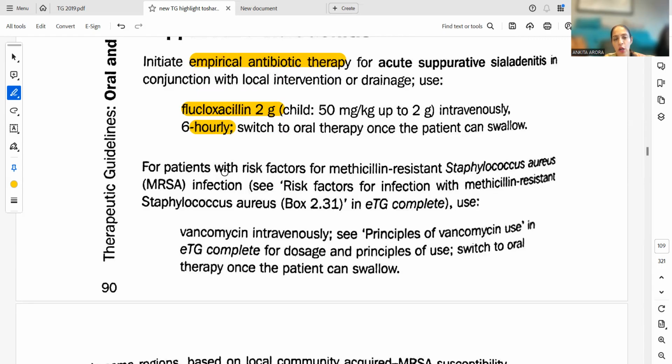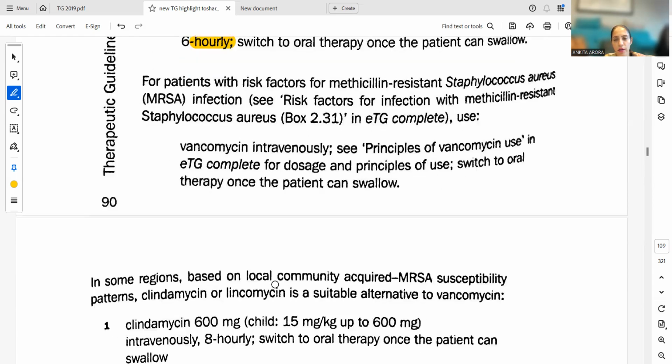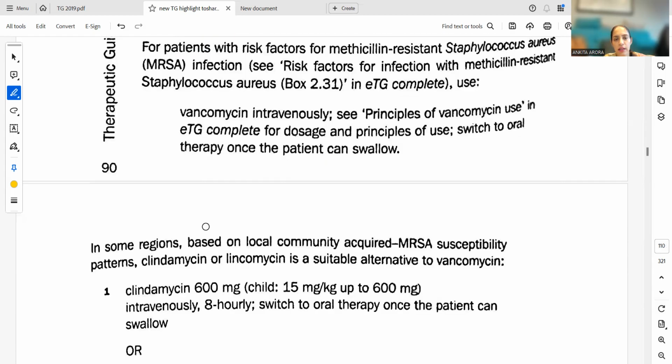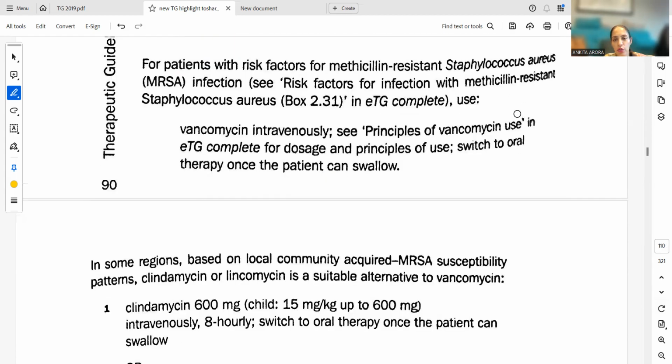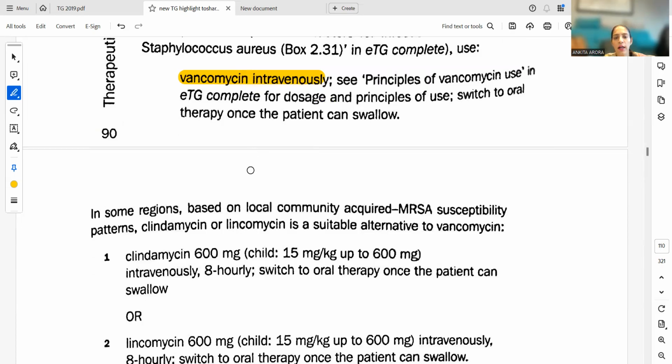bacterial disease. For patients with risk factors for methicillin-resistant Staph aureus, MRSA infection, we would see the risk factors of MRSA infection. And in these cases, methicillin-resistant ones, we would use vancomycin intravenously.